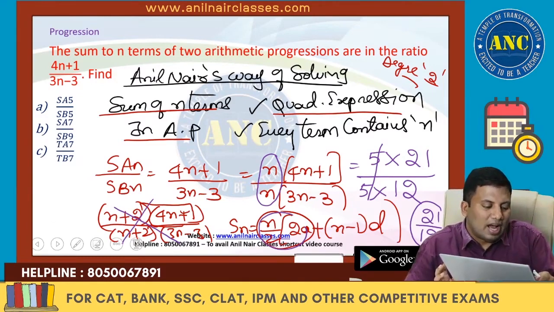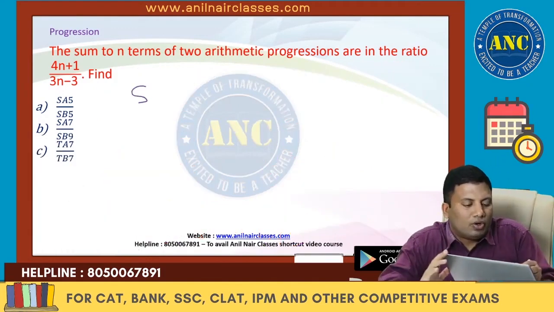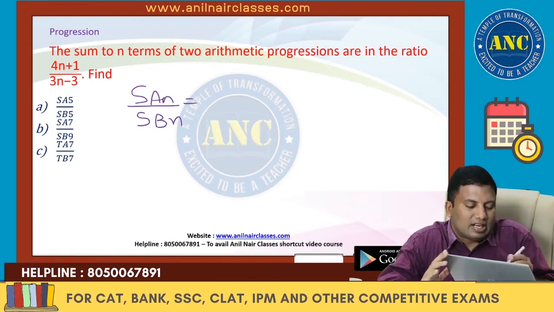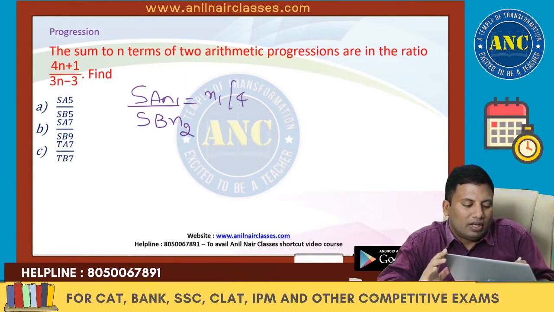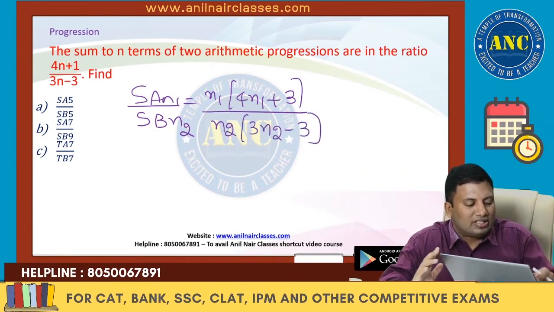Otherwise you have to do A1, D1, A2, D2, which you don't need to do. So what is the condition? SAn1 by SBn2 is n1 into (4n1 plus 1), divided by n2 into (3n2 minus 3); just the suffix could be different also. This is the basic idea.